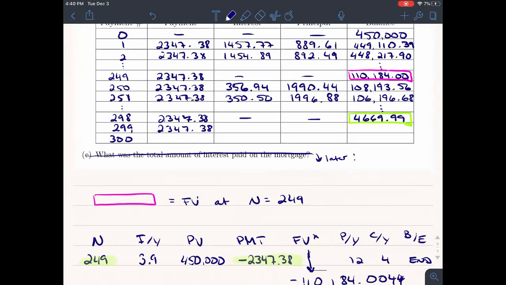We don't know what the values are leading up to it, but that's okay, because now we can use this 4,669.99 times recall 1. I get 15.13, rounding properly. And then take that away from the payment amount.